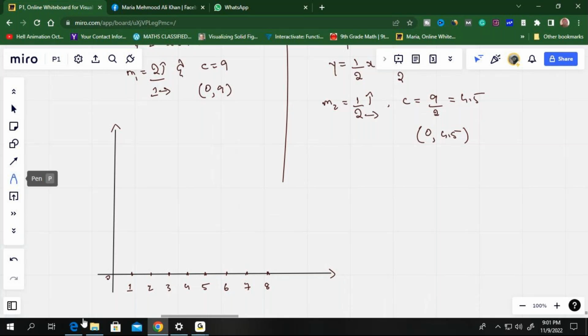So I need 12 units almost. I can take half centimeter equals to 1 unit, so a 6 centimeter long line will easily work here. So it's 1, 2, 3, 4, 5, 6, 7, 8, 9, 10, 11, 12. Just mark the values here.